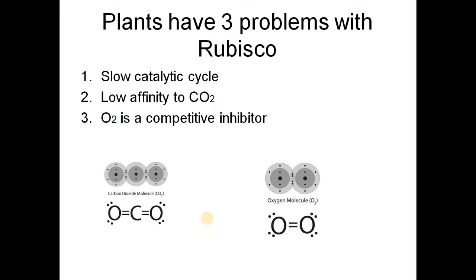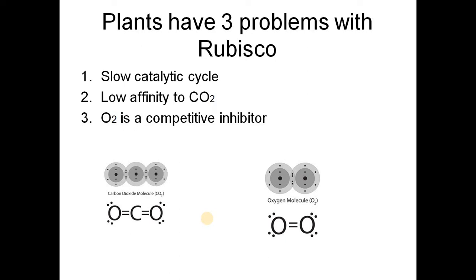With all these things that have to be met, plus two additional enzymes which have to be activated before Rubisco, you can see that Rubisco has a very slow catalytic cycle. And it has a very low affinity to CO2.